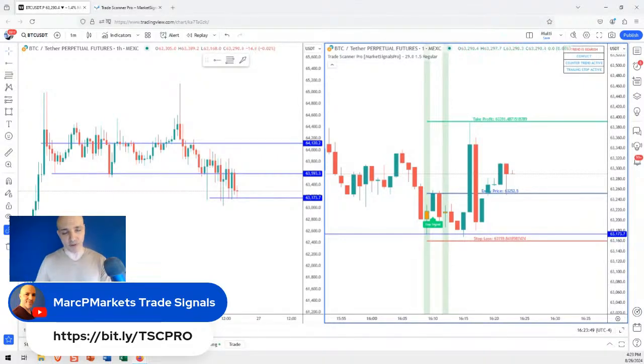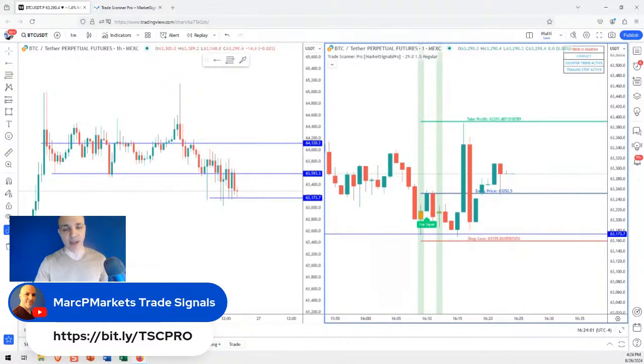That's good for people that are hands off, that don't really want to get involved in all this that I'm showing you here. You'd rather just send me the information so I can just trade on that. That's what the bot does, and we have more plans to extend the bot functionality as well. If you're a Trade Scanner Pro user, you'll also have access to these bot channels. That's also where Trade of the Day is coming from.